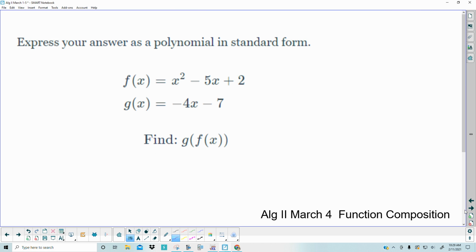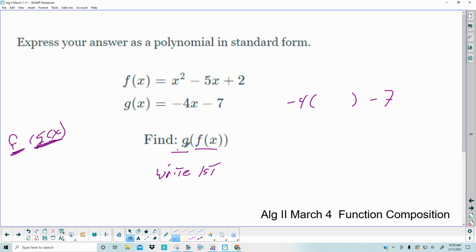All right. Let's try it again. G of f of x. I want to fill f of x into g. So write g first without the variable, parenthesis in its place. Whatever's on the outside, write first. If it was f of g of x, then write f first without the variable, because this would be filled into g.